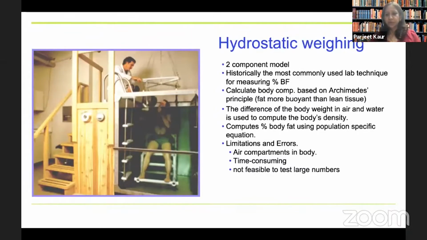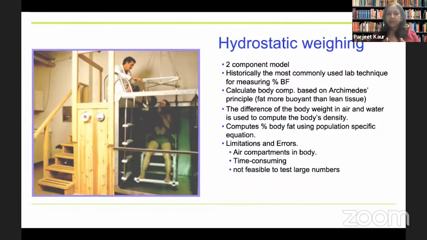Just to go back, hydrostatic weighing is the one which was historically considered the gold standard for measuring body percentage fat. This is also available, but not widely available now. It's just a simple two-compartment model where it differentiates between the fat mass and the fat-free mass. It calculates body composition based upon Archimedes' principle, that is, fat is more buoyant than lean tissue.